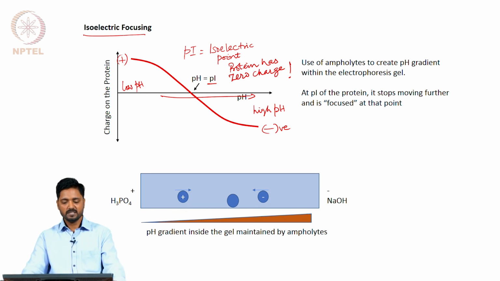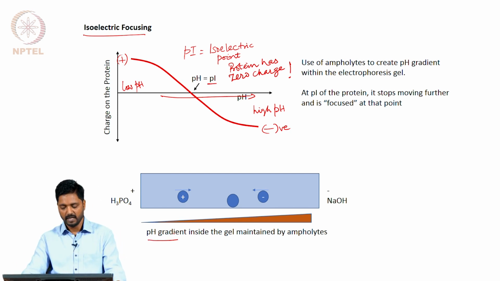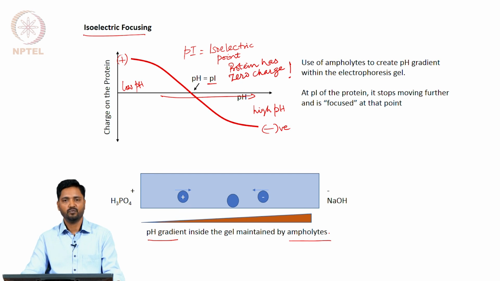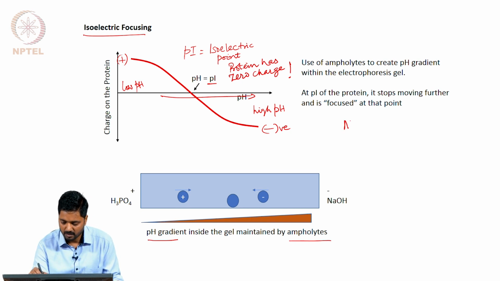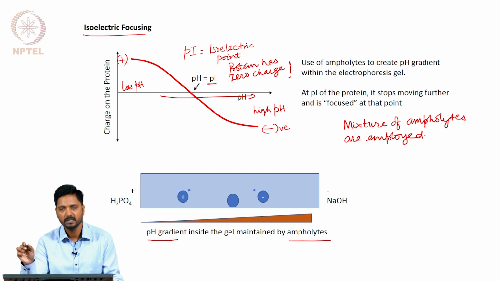So, the way this is done in isoelectric focusing is by achieving a pH gradient inside the electrophoresis gel by use of certain molecules which are known as ampholytes. It is not a single molecule, it is very important to understand, but a mixture of ampholytes that are employed to create a pH gradient within the gel.